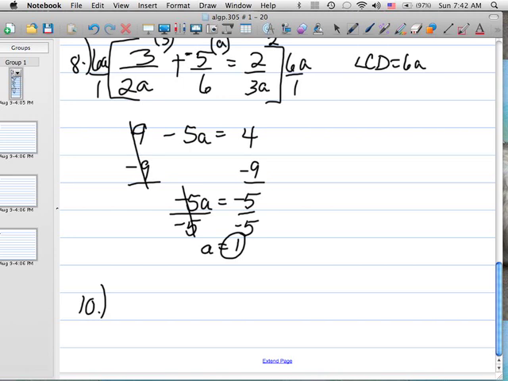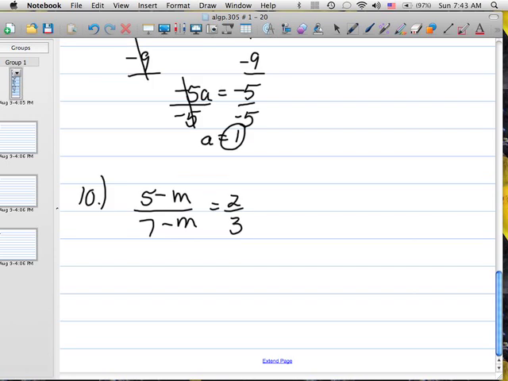Problem number 10, we have 5 minus m over 7 minus m equals 2/3. This is a fraction equal to a fraction, which is a proportion, so we're going to use cross products. 3 times 5 minus m, distributive property, 15 minus 3m. 2 times the quantity 7 minus m, distributive property, 14 minus 2m.